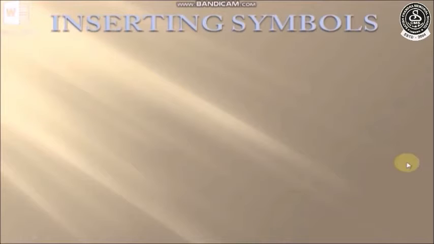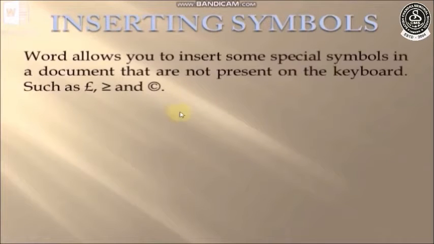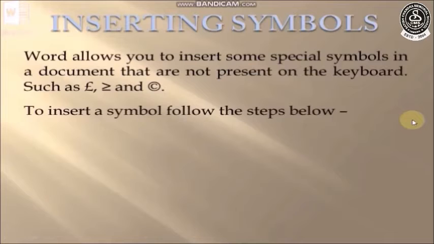Inserting symbols. Word allows you to insert some special symbols in a document that are not present on the keyboard, such as this pound symbol, greater than equal to, this copyright symbol and so on. To insert a symbol, follow the steps below.